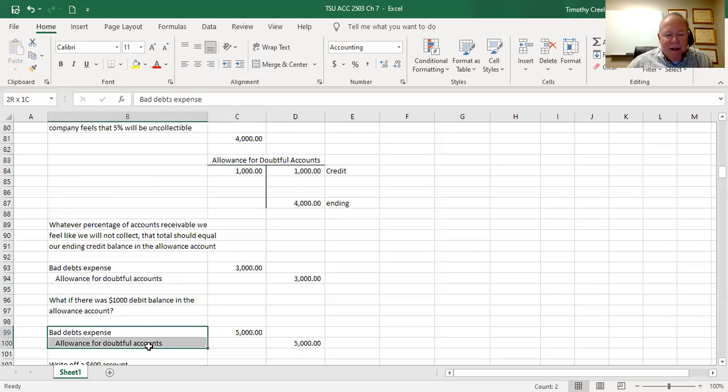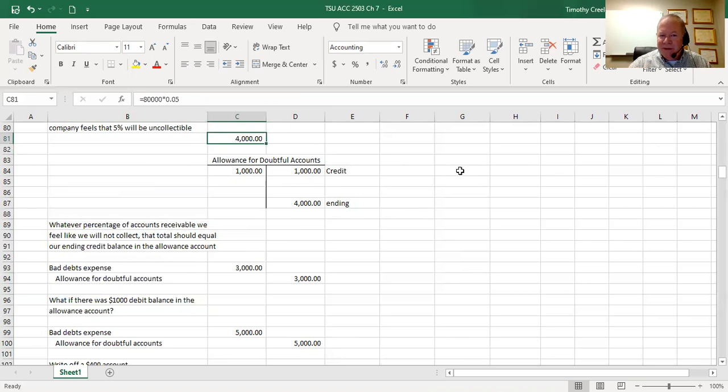So we would debit bad debts expense for 5,000 and credit the allowance for doubtful accounts for 5,000, because our only goal is that our adjusting entry for bad debt expense has to be enough to make the ending balance in the allowance account equal whatever percentage of accounts receivable that we feel like we're not going to collect. That's the goal right there.